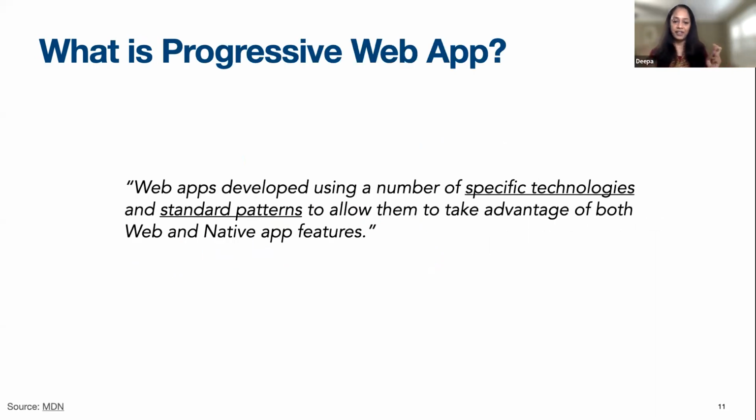So now comes the definition. According to MDN, web applications that are built using specific technologies and standard patterns, which allow you to take advantage of both web and native app features. You can build an application which can be progressive, a progressive web app.